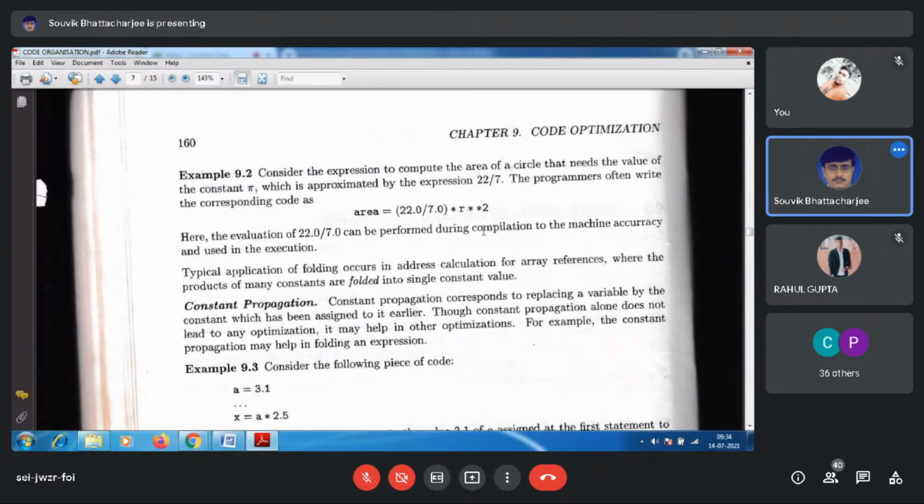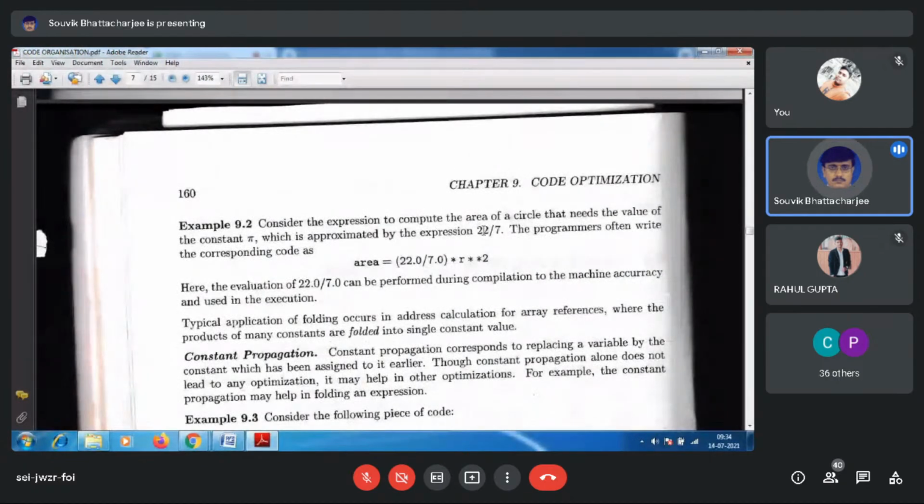Now, you know how array address calculation is done. When you are defining the array, the array base is the base address.